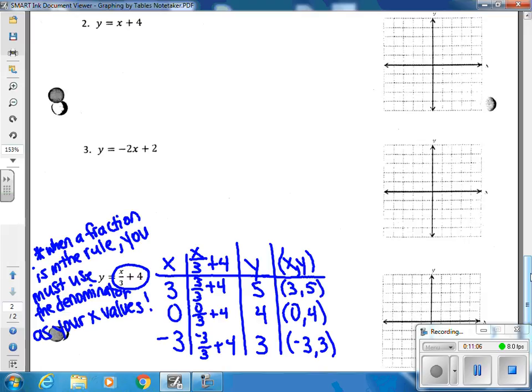Okay, so that's the key to it: when you see a fraction or a division problem, you must use that denominator. Otherwise, your graph is not going to come out the way you want it to look.